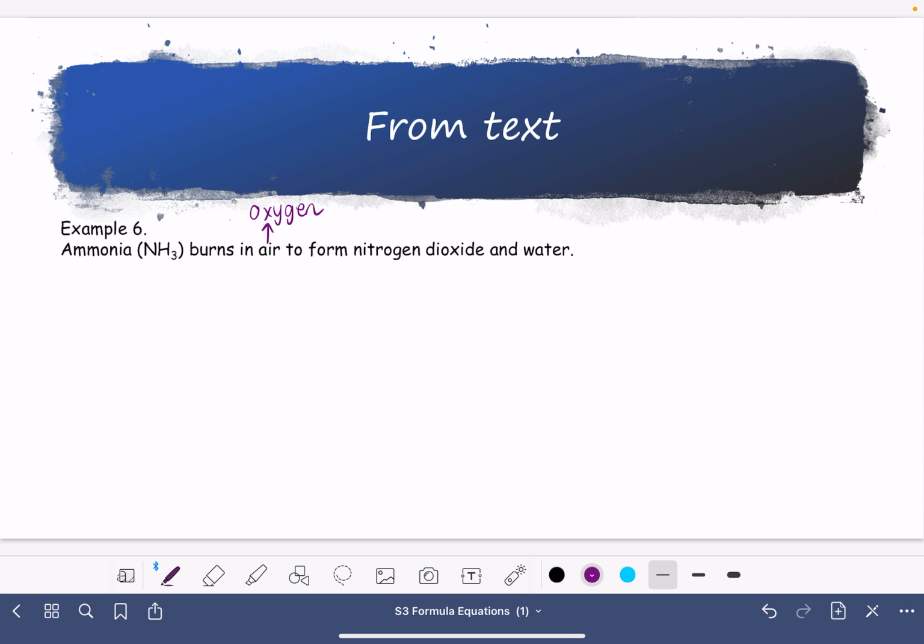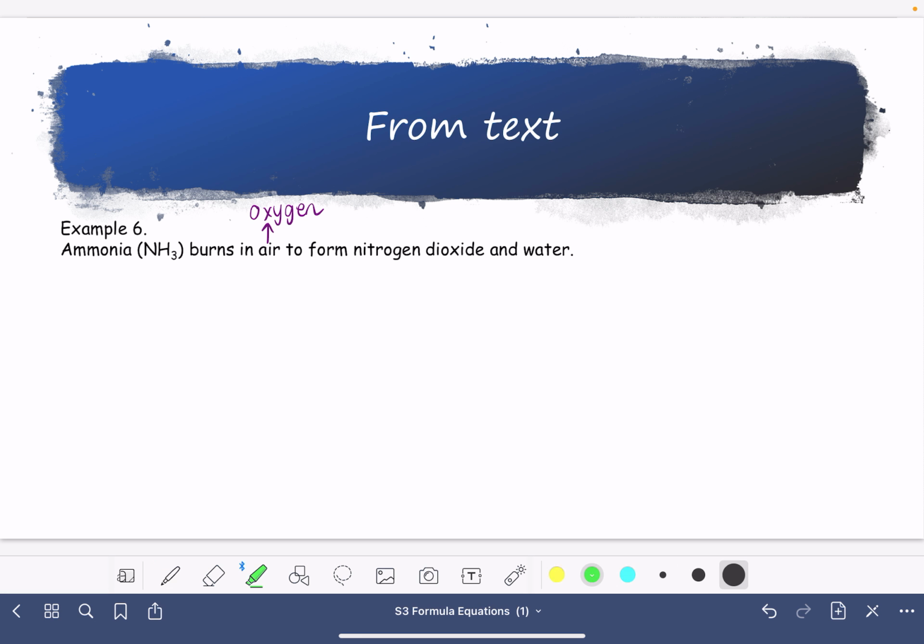The ammonia is only reacting with the oxygen from the air, but since we haven't separated out the oxygen from the other components of air, like nitrogen, we can't say that ammonia just burns in pure oxygen. It's burning in the air, but it's reacting with the oxygen from the air.